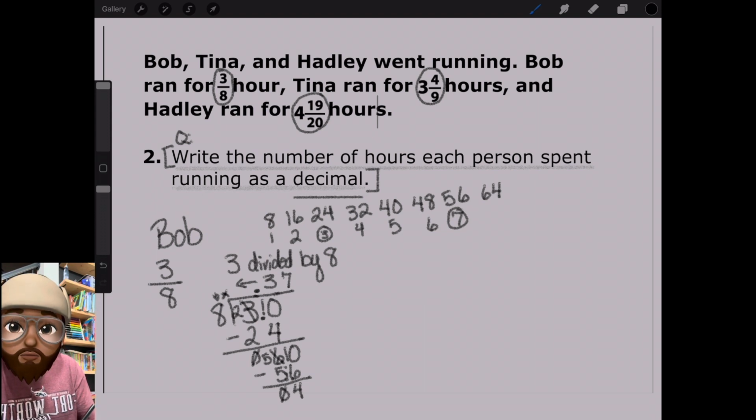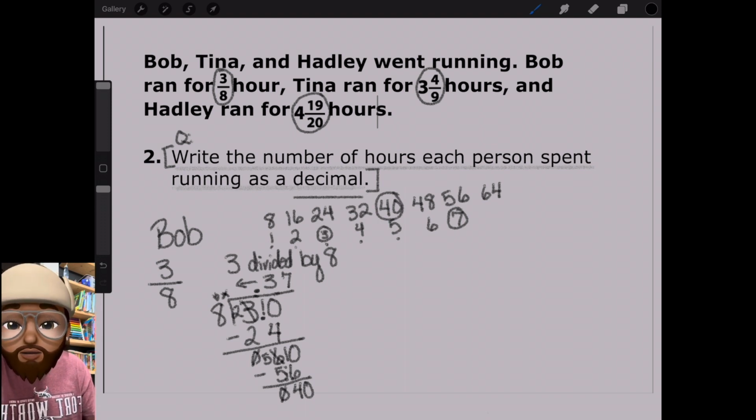Now we still have that 4. Let's go ahead and add a 0 because 8 can't go into 4, but it can go into 40. How many times? Let's check up here to see if we already wrote it down. 1, 2, 3, 4, 5. It can go into 40 5 times perfectly.